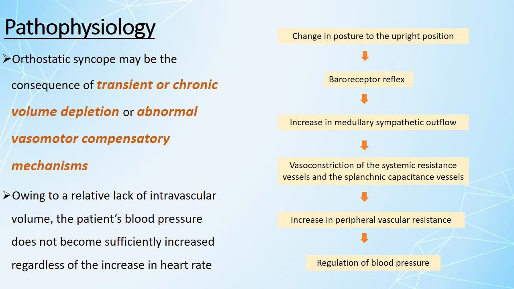So there's a vasoconstriction of both of them. As a result of that, there's an increase in peripheral vascular resistance, and when there's an increase in peripheral vascular resistance, there's a significant increase in BP, and that's how there is regulation of blood pressure when the patient stands in normal condition. Whereas what happens in orthostatic syncope?